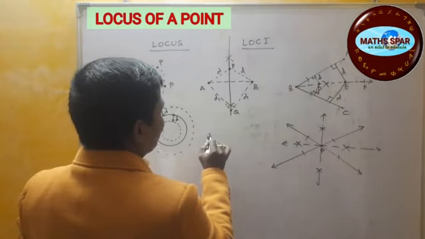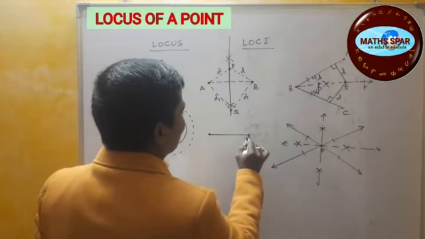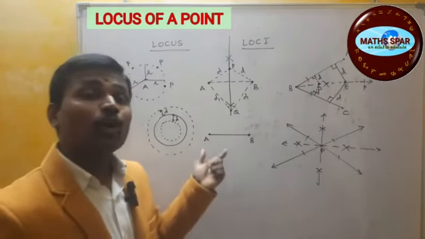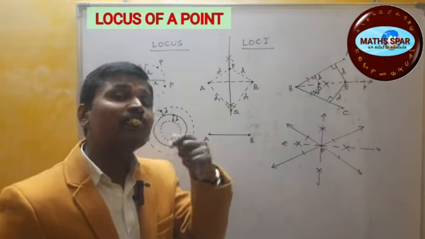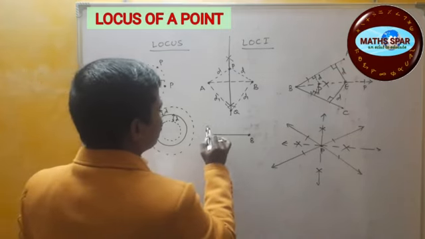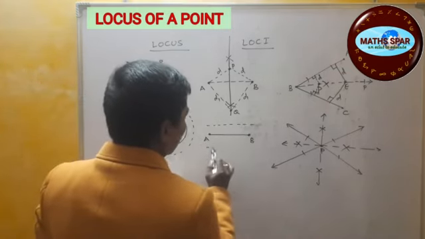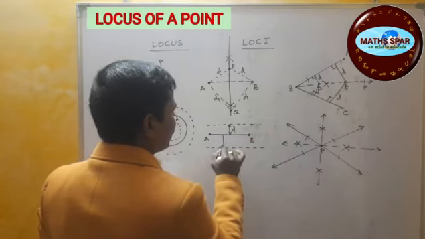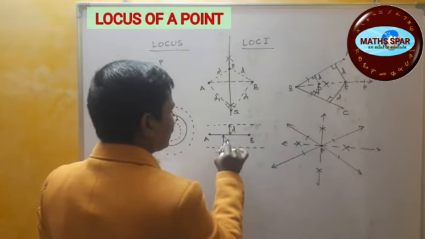Then the locus of a point which is equidistant from a line segment AB is two parallel lines which are equidistant from the line segment AB.